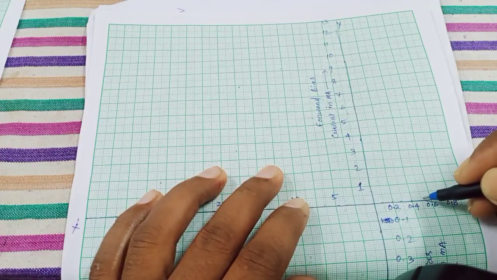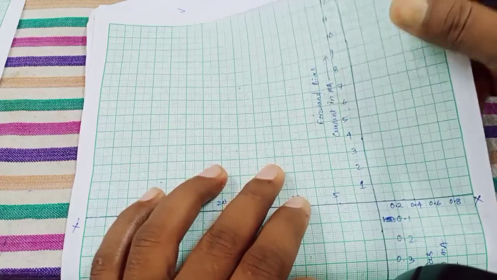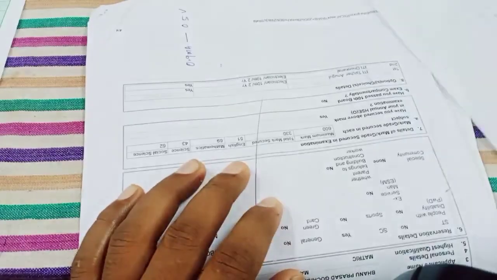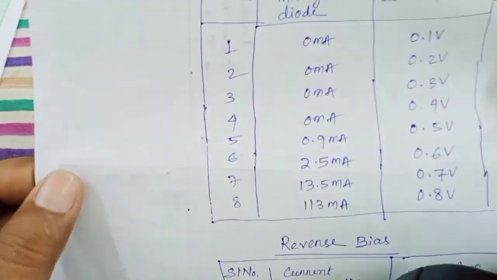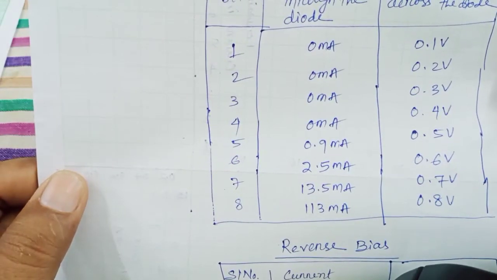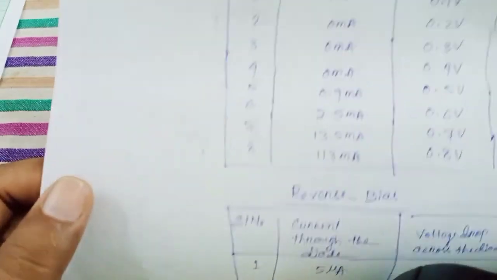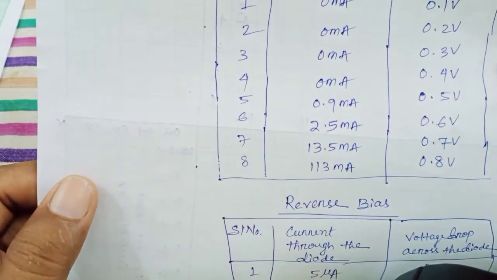At 0.5 volt the current is increased, that is 0.9 milliampere, and again it increased to 2.5 milliampere.